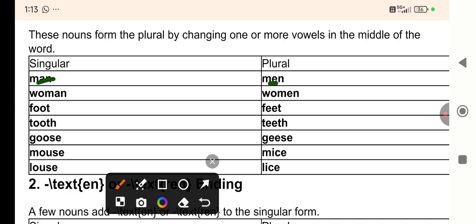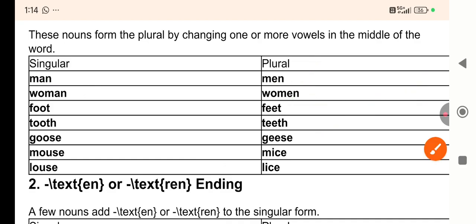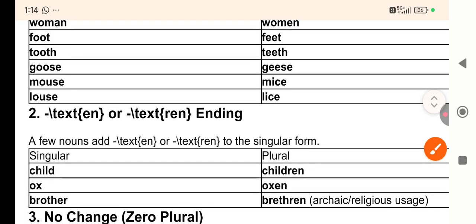But woman and women, the sound changes. Right?